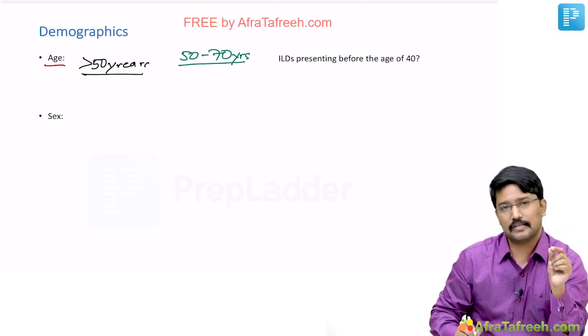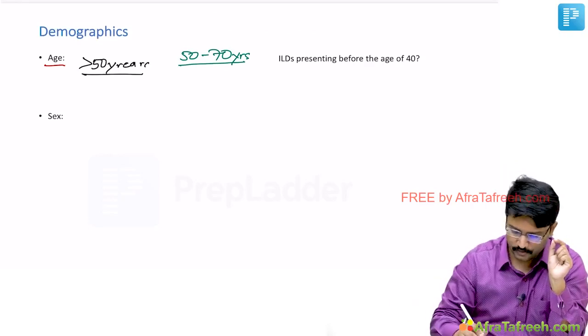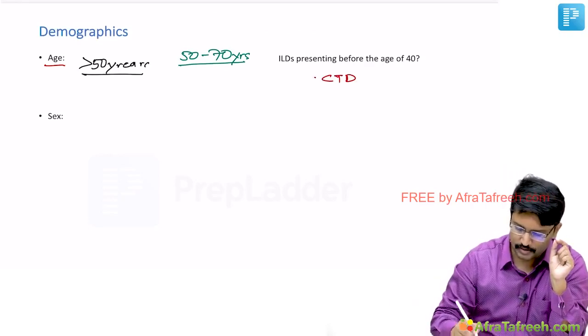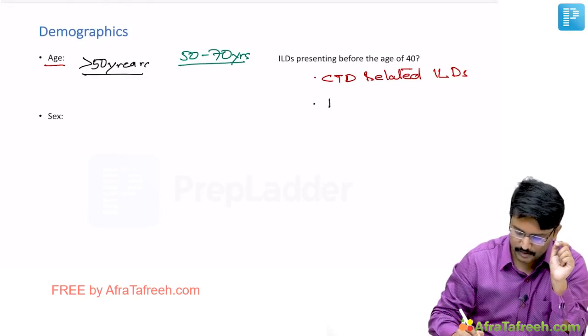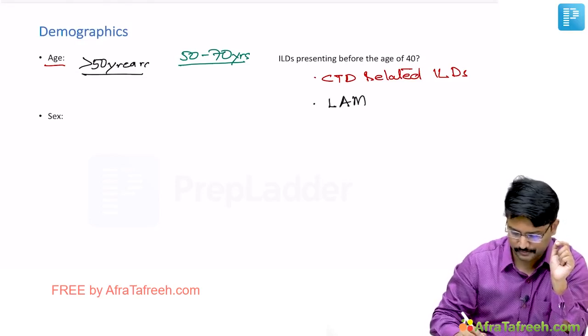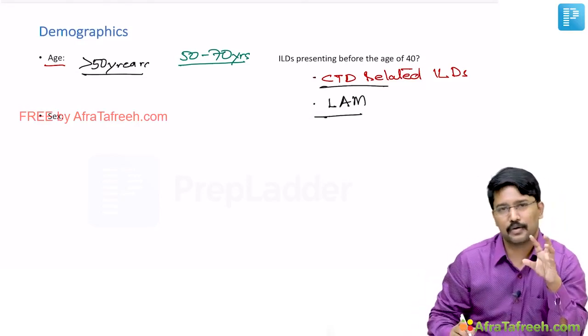But certain ILDs can present much early. What are those? All connective tissue disorder related ILDs. Then lymphangiomyomatosis.